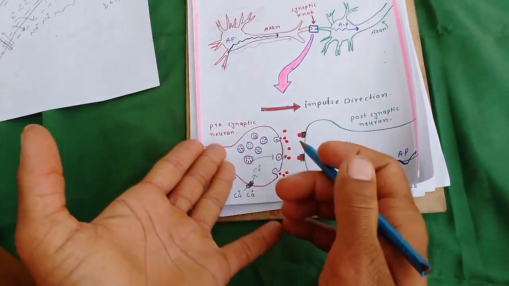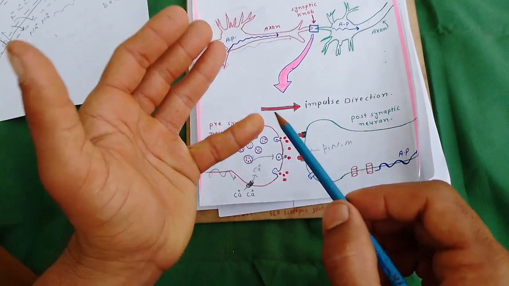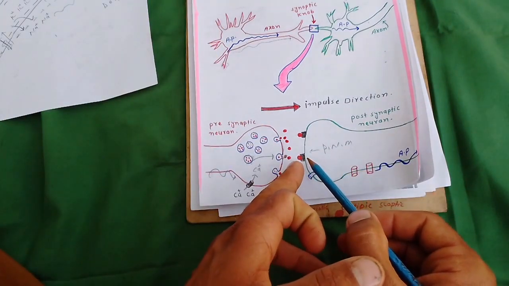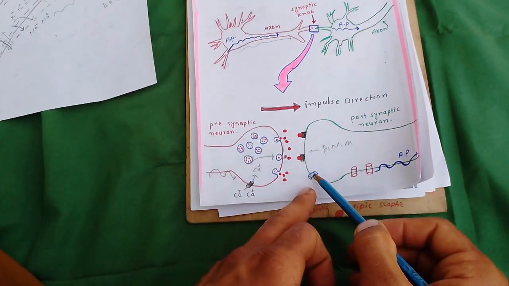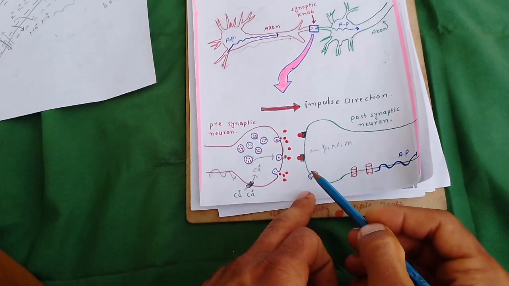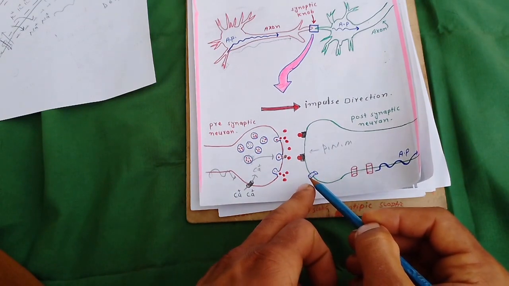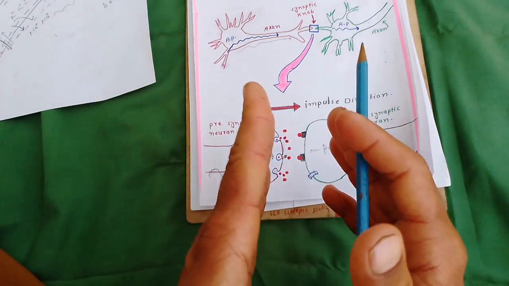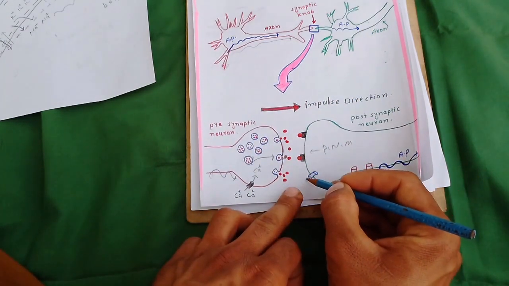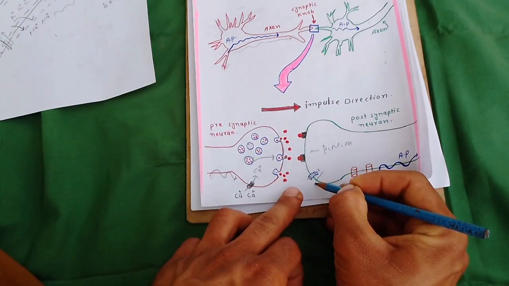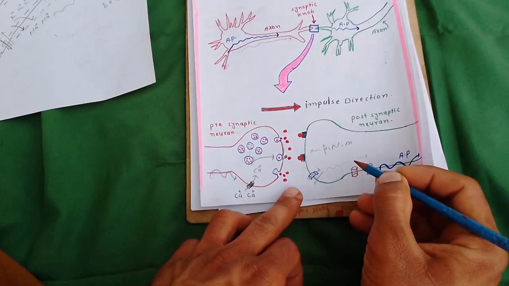When this channel opens, sodium goes inward, potassium goes outward, so the action potential is produced in the forward direction.